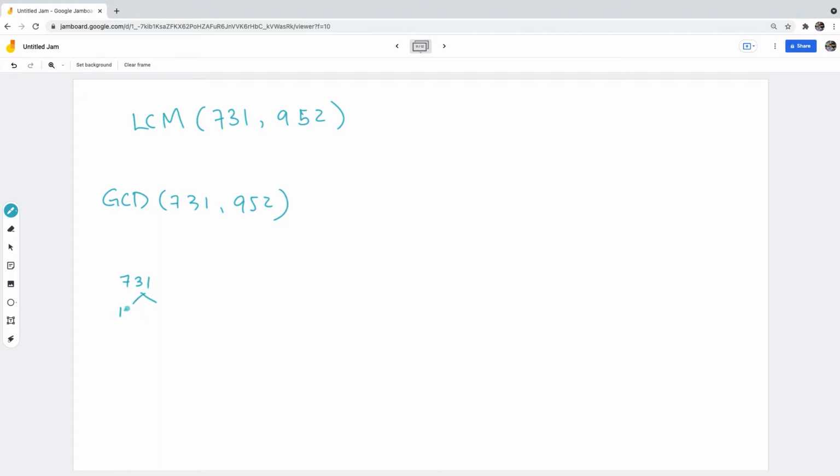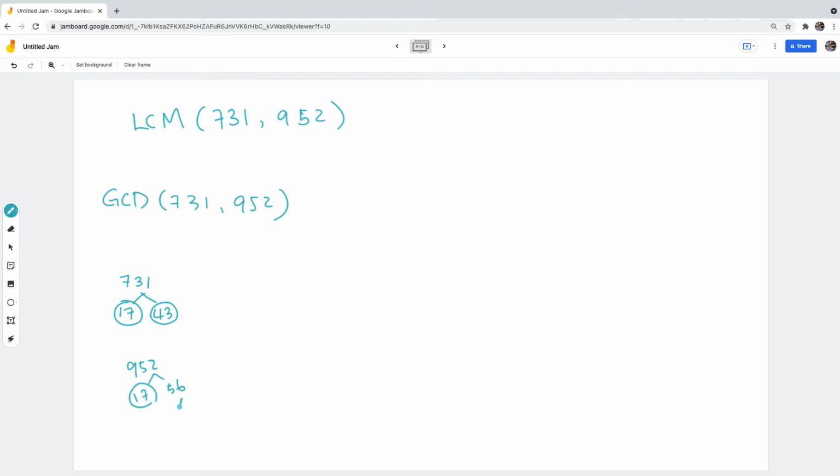So both are divisible by 17. If you do 731 divided by 17, it's 43. And of course, 17 and 43 are both prime numbers. How about 952? Let's see if it's divisible by 17 too. 952 divided by 17. Oh yeah, it is. 17 times 56.